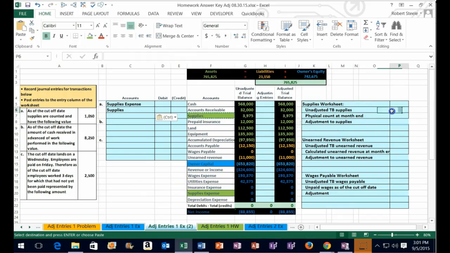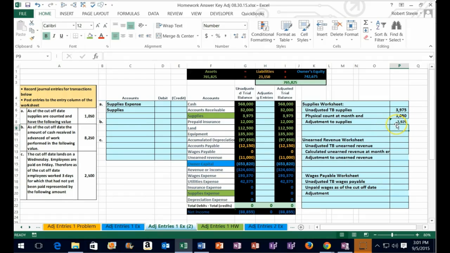So if we look at our worksheet, we currently have 3975 in supplies right there. We counted it to be 1050. If we did the calculation in Excel, I'm going to say equals, point to this number minus this number. Enter.